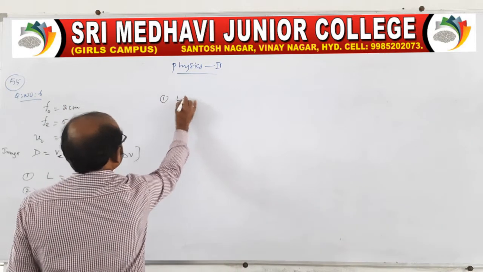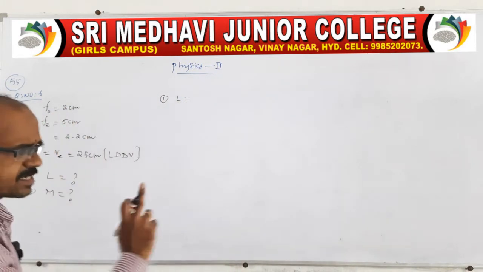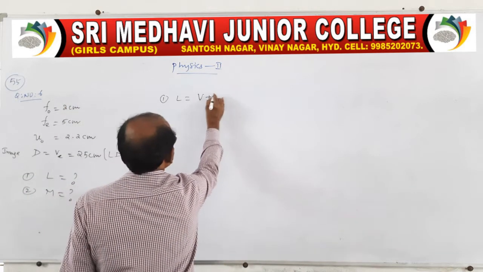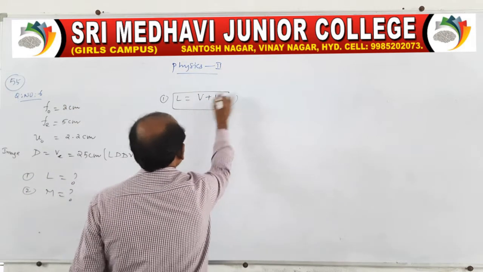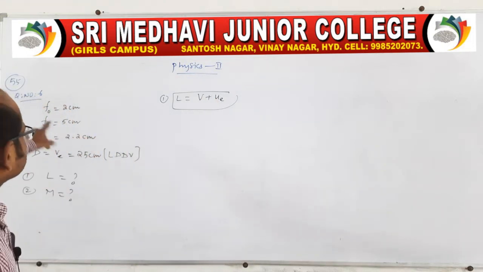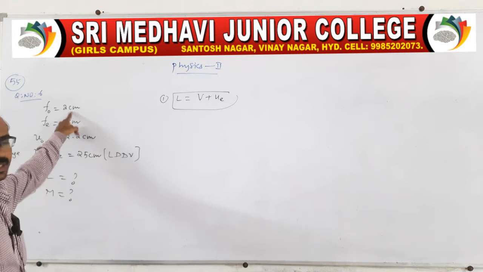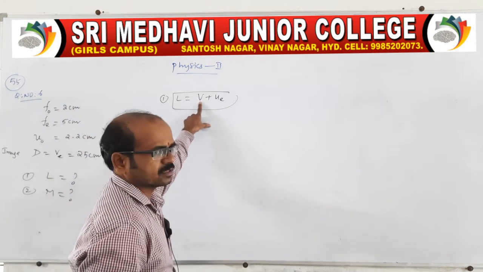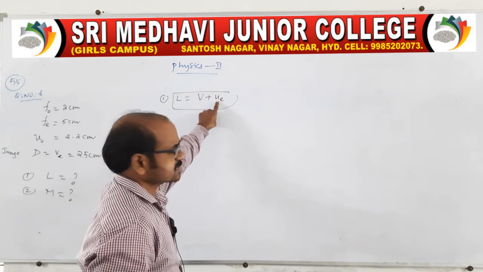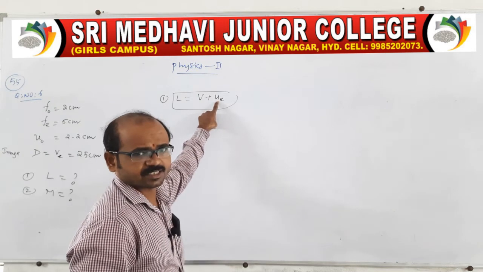The first, L, is the distance between the lenses, which is V plus UE. V is the image distance formed by the objective lens, so we have to find that, and UE is the object distance from the eye lens.